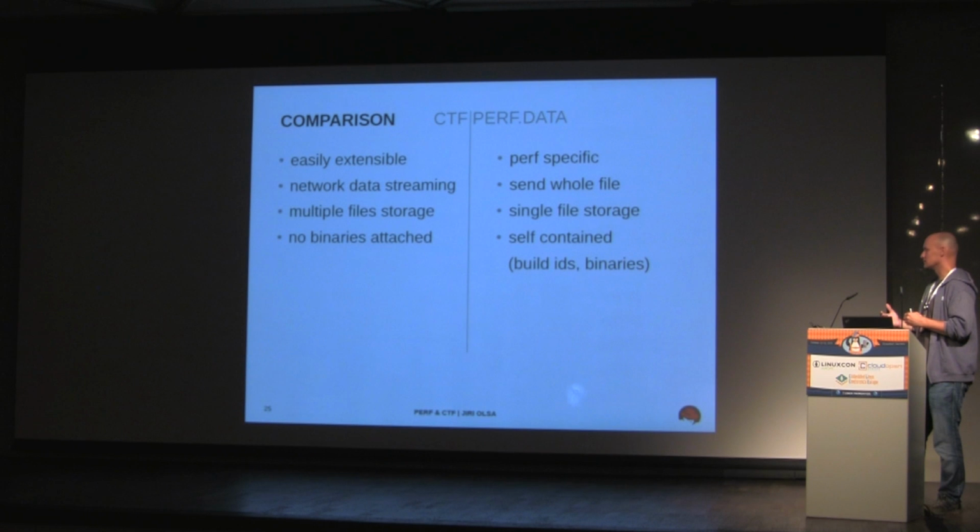In the Perf data, we actually store the build IDs of the binaries. So later on in the report phase, you can check those binaries, load them, and resolve the symbol names, and work with the binaries that were running during the capture.